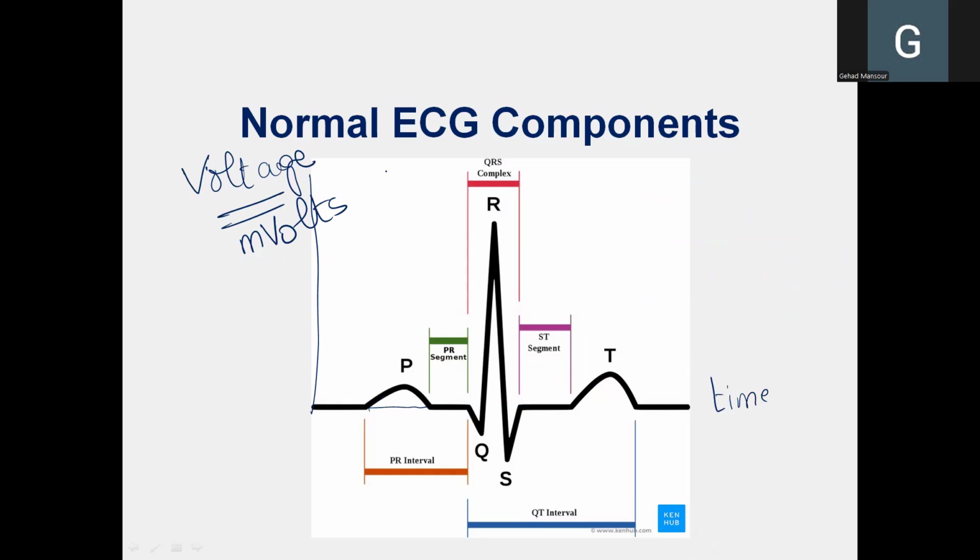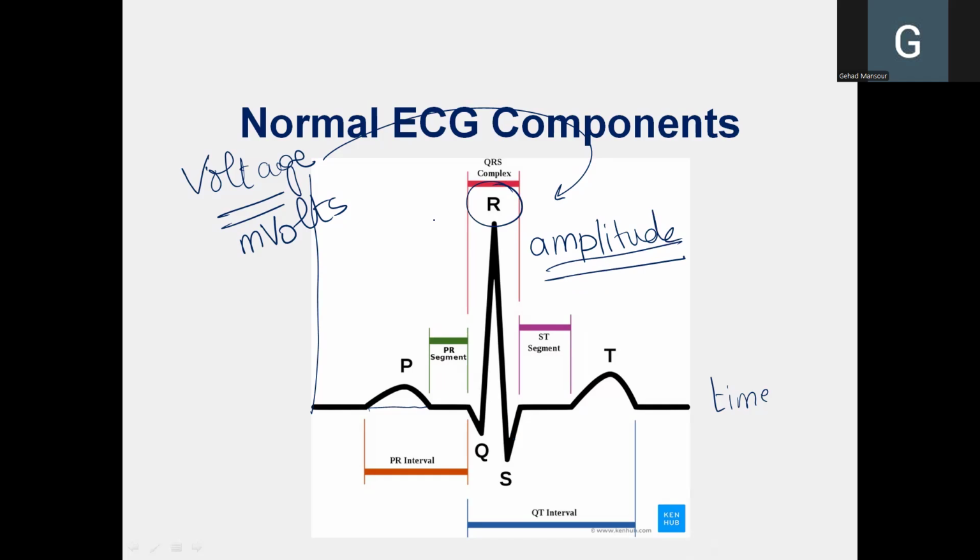And the voltage will definitely affect the amplitude of the wave. So when there is the highest voltage difference, we get the highest amplitude, and this is definitely the R wave.